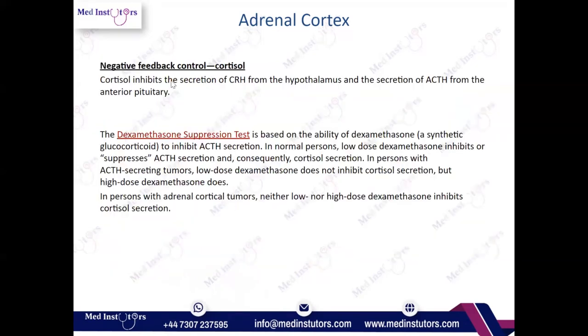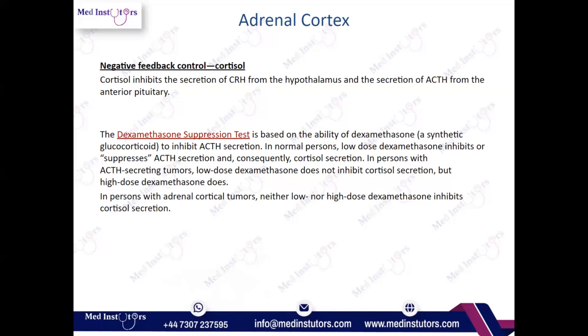Let's move on. Let's talk about the negative feedback control of cortisol. Cortisol inhibits the secretion of corticotropin releasing hormone from the hypothalamus and the secretion of adrenocorticotropic hormone from the anterior pituitary. So when the body needs cortisol, it is produced via the hypothalamus corticotropin releasing hormone and ACTH.